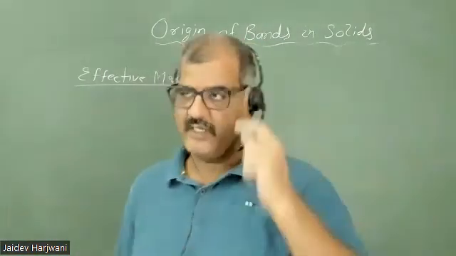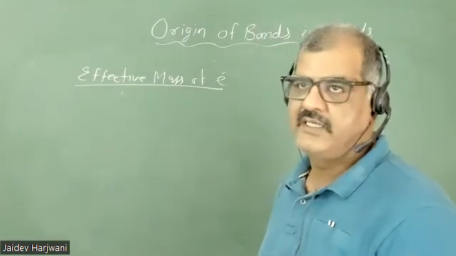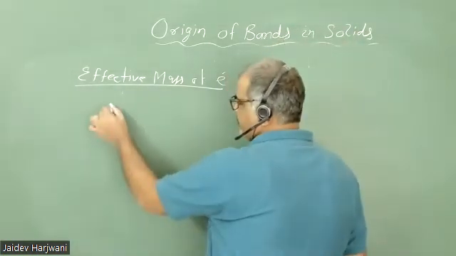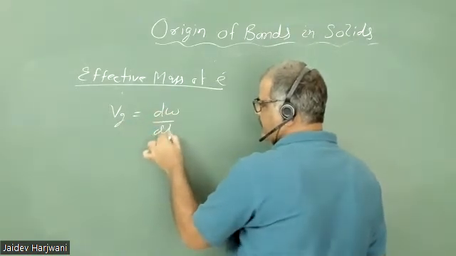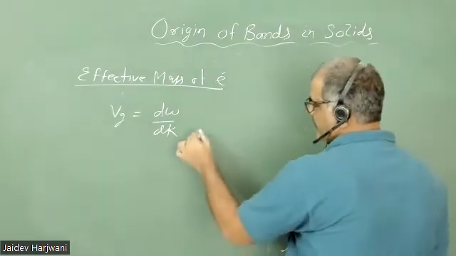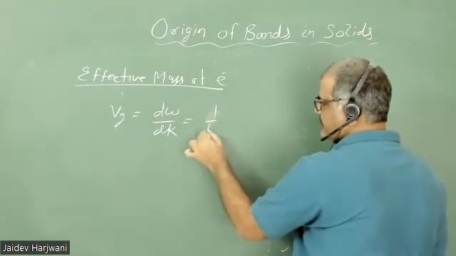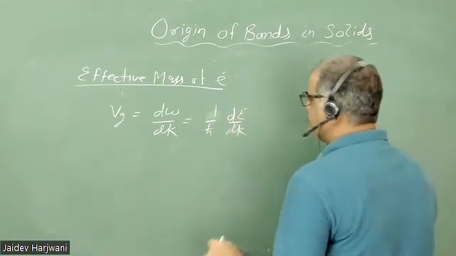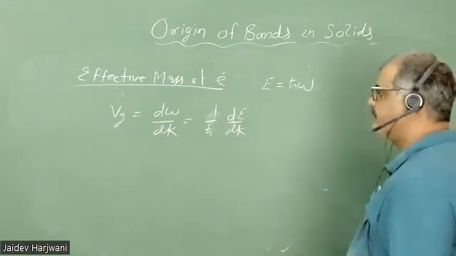Now the velocity of the electron, because we are representing the electron as waves, will be given by the group velocity Vg = dω/dk. Since E = ħω, this is (1/ħ) dE/dk.